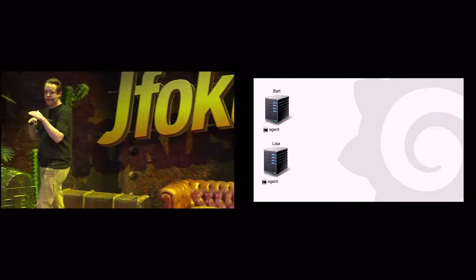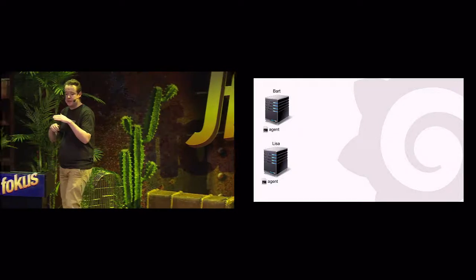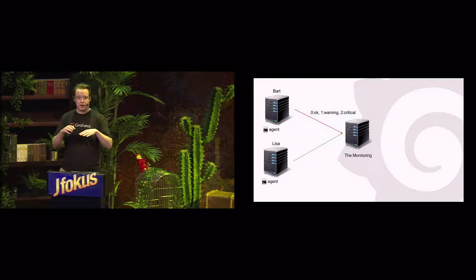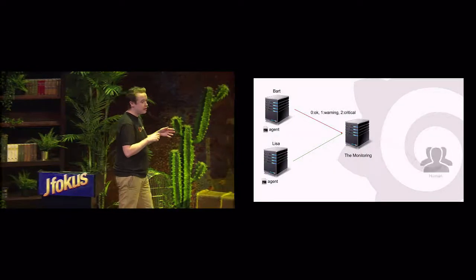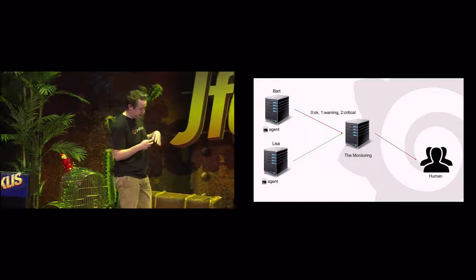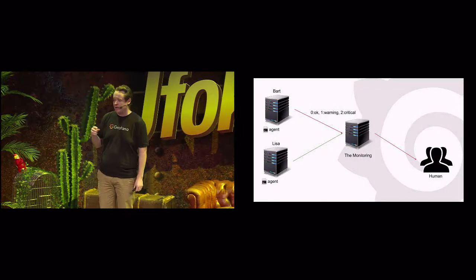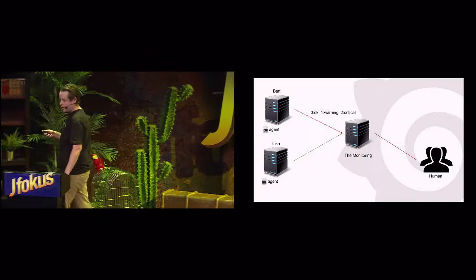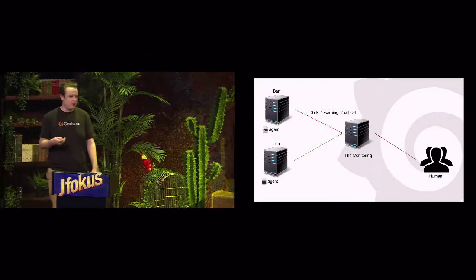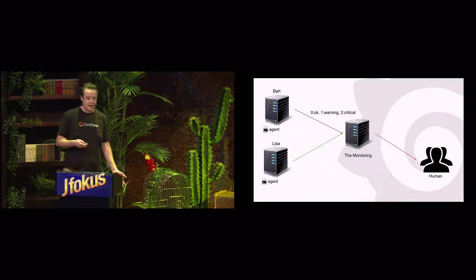And if one of those values were violated, it would send a signal to the central monitoring server: OK, warning, or critical. The centralized monitoring server was then responsible for making a decision: should I notify a human or not? And this has been kind of proven and works fine in a static environment.